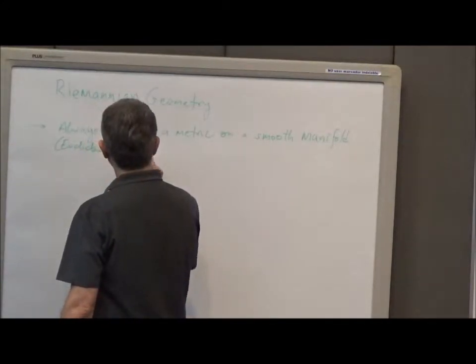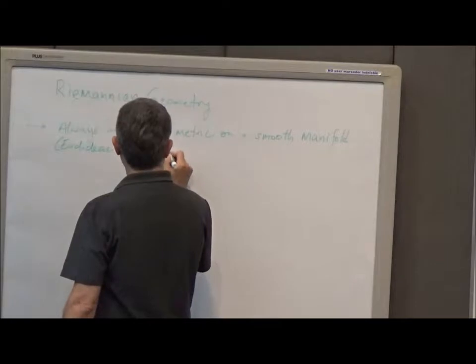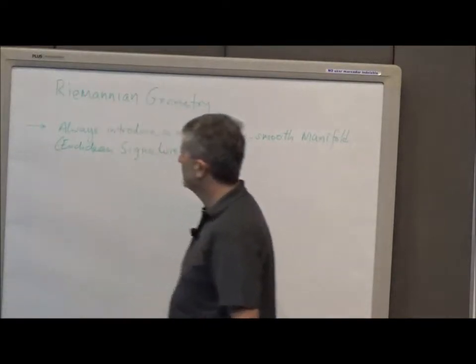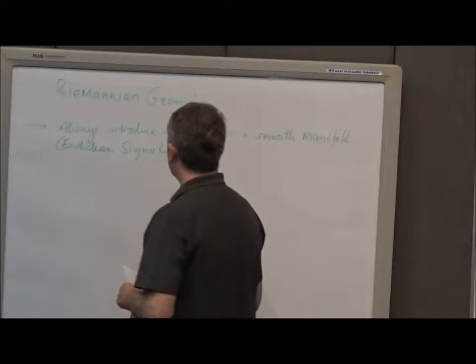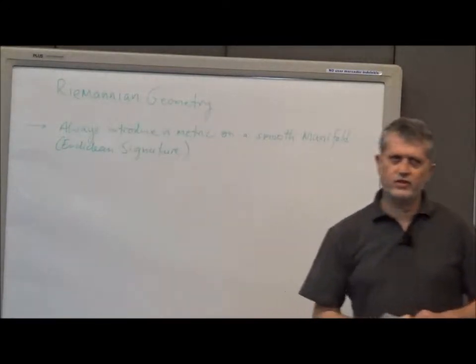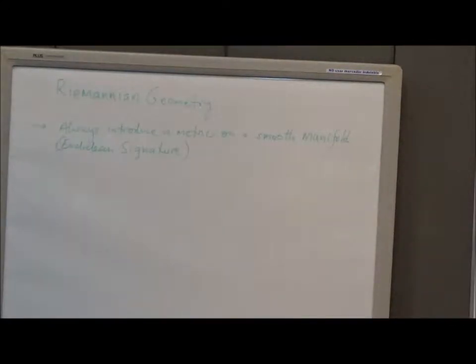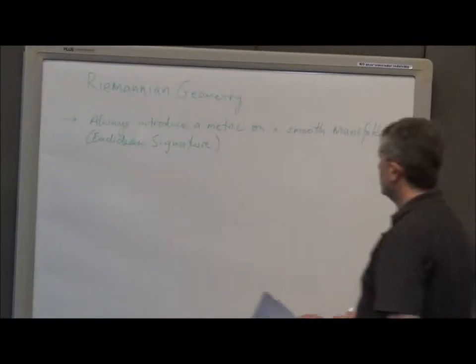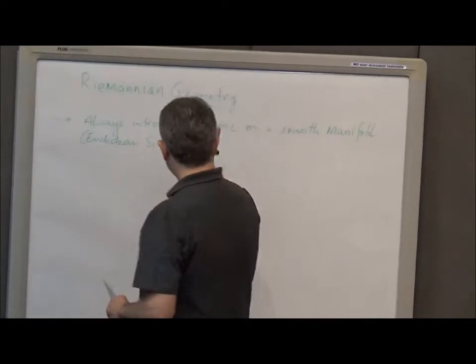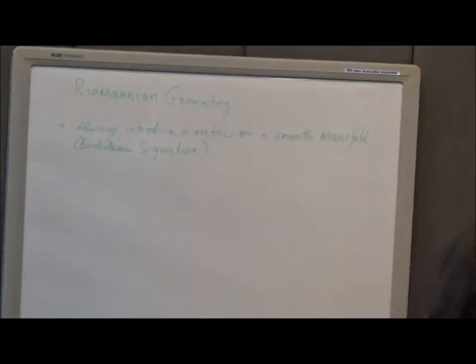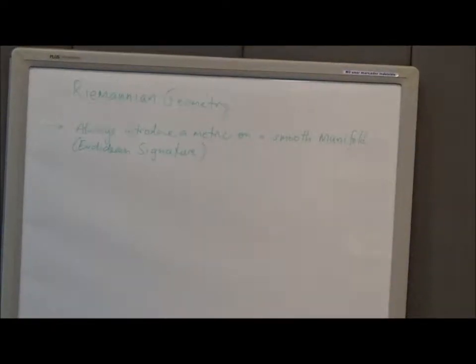Somebody asked me yesterday what happens if you want Lorentzian signatures, and I said you need a nowhere vanishing vector field. That's actually a condition. So there's restrictions on manifolds, not all manifolds have nowhere vanishing vector fields. So for Euclidean signature, you can always find one. For Lorentzian signature, you may have to work hard.